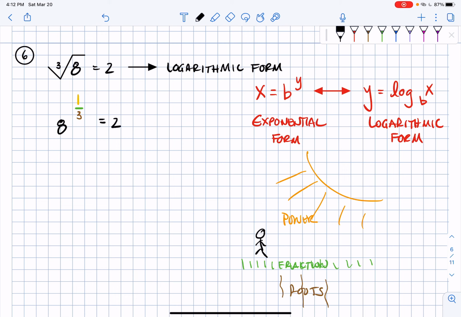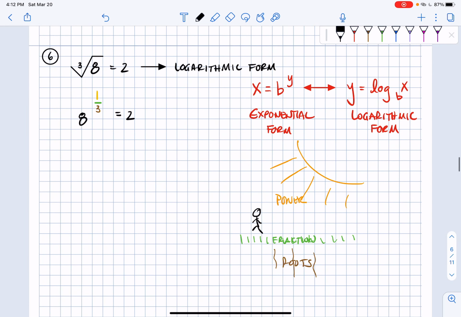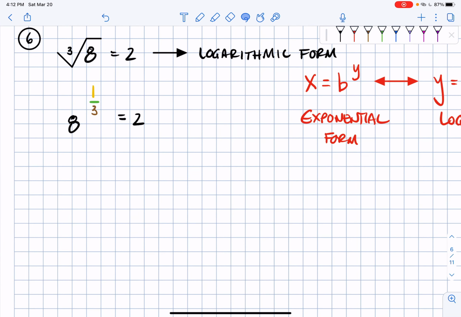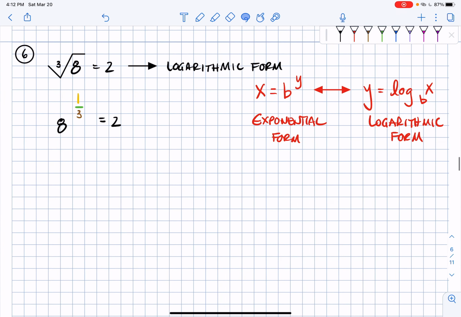Now I can convert that from exponential form to the logarithmic form. Hopefully you will see this picture in class. My base is still my base. The base is 8.